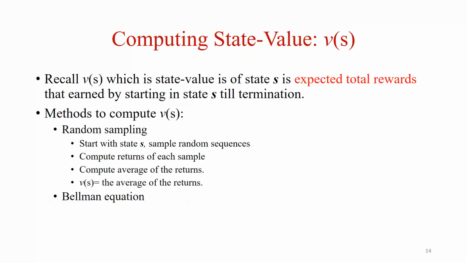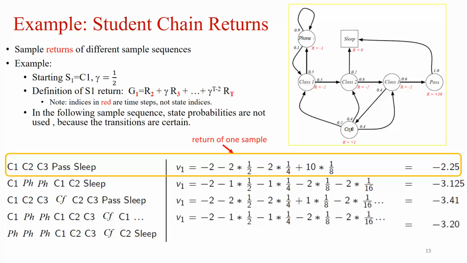Now to compute the state value, there are two methods. We can do some random sampling and take the average, or we can use the Bellman equation. So here is our example that we started with. And let's take an example where my starting state is class 1 and I have a discount factor of 1/2.